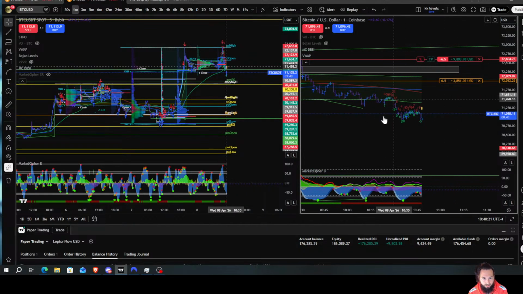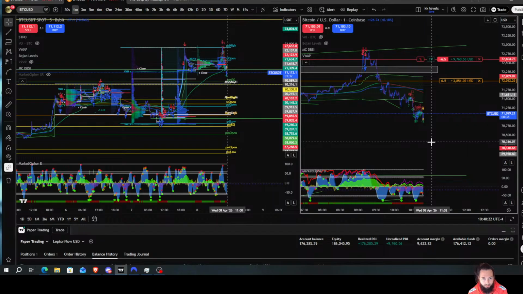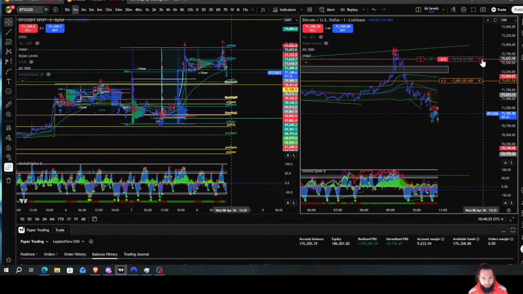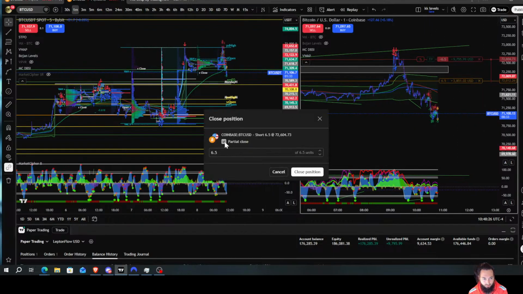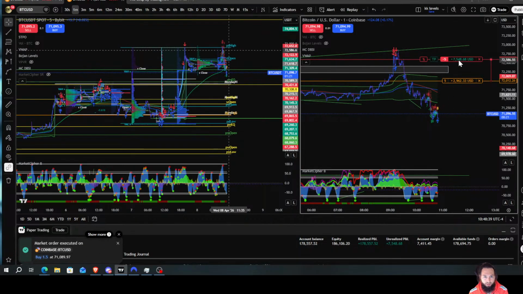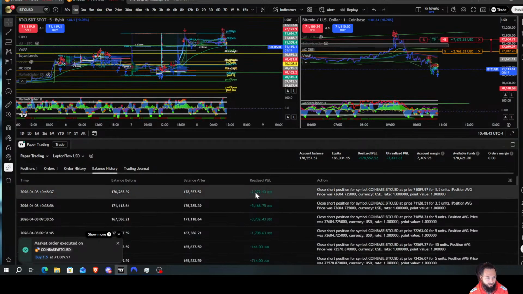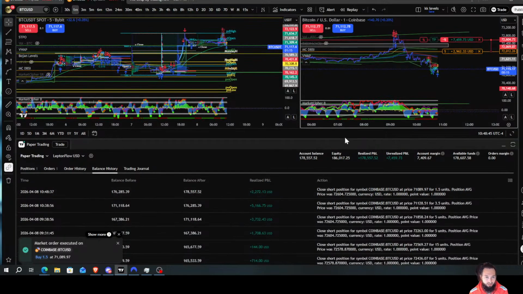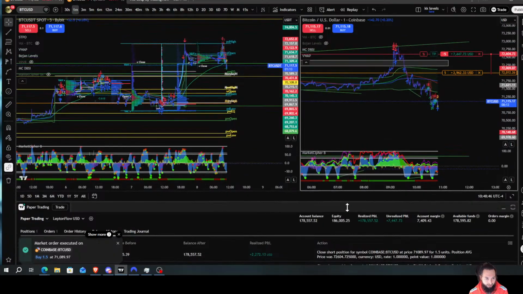Look at that. We are starting to get a little rejection here. Let me take off another. I just want to show y'all one more time in case you missed it a moment ago. You type in how much crypto, how much Bitcoin you want to take off the trade. And boom, there went another like $1,000 I just snagged. Let's see. Oh, $2,000, $2,200, almost $2,300 I just snagged off the trade right there.